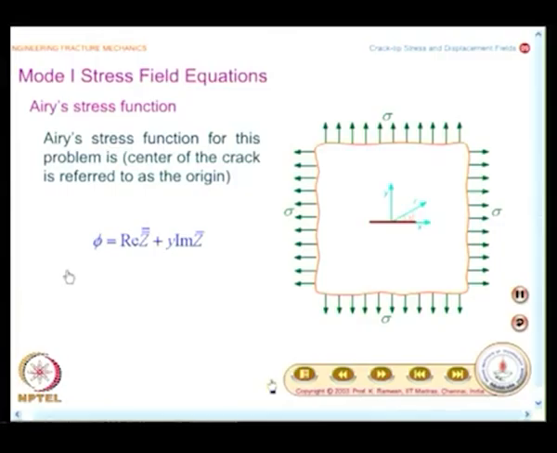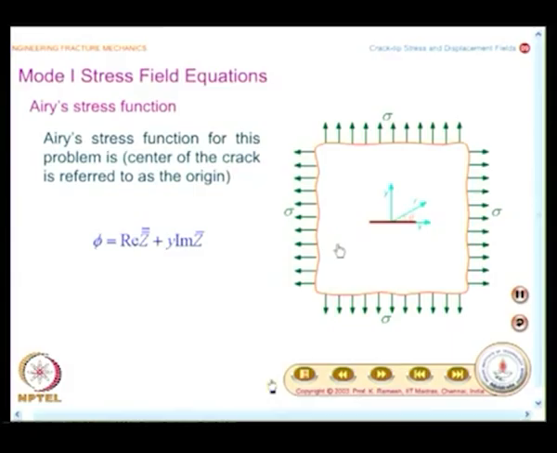So, at this stage what you have to keep in mind is, I am having a central crack where the center of the crack is taken as the origin. I had already pointed out, Arvind said do not focus on the crack, focus at the crack tip. He shifted the attention to the crack tip. So, later we would also shift the origin to the crack tip and remodify the equations, and that would really bring in, are we looking at a closed form solution or a near field solution.